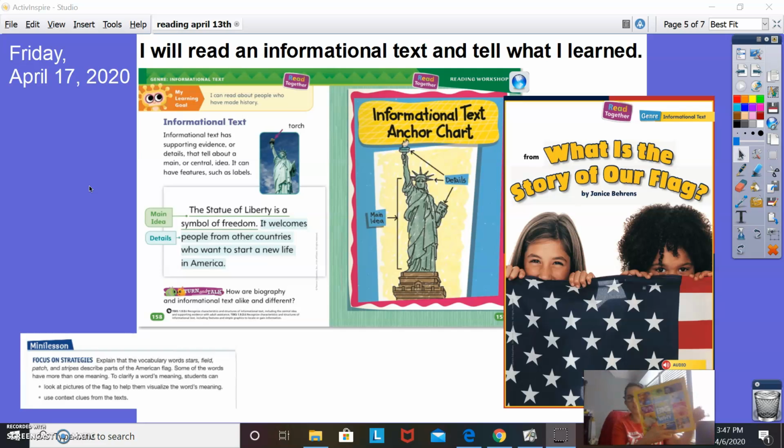If I take this book here, if I look inside my book, I will probably be able to find labels, and we know that labels describe what something is, and tell us more about the picture. And as I'm looking through here, I'm going to find a page that has a label that may tell us a little bit more about the picture.